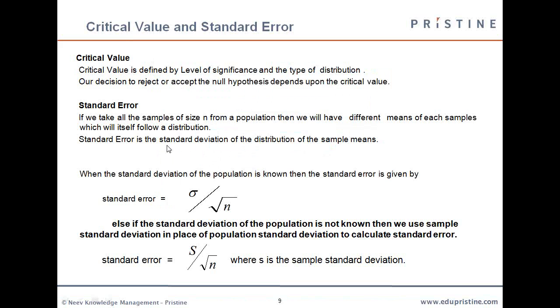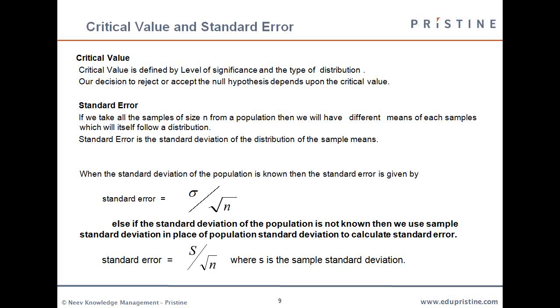Suppose our level of significance is alpha. We'll use that value and look it up in the table for the type of test we are using. Suppose we are using a Z test, so we'll look in the Z table. We'll look at the level of significance and we'll get a value, that is the critical value.